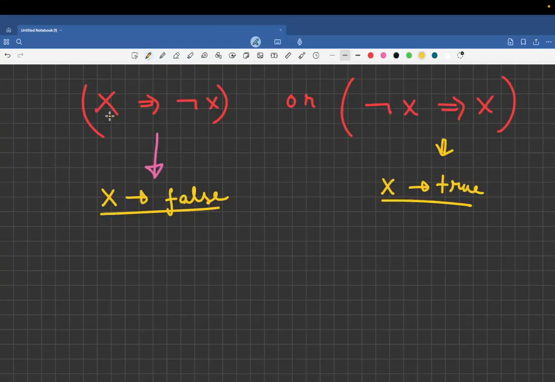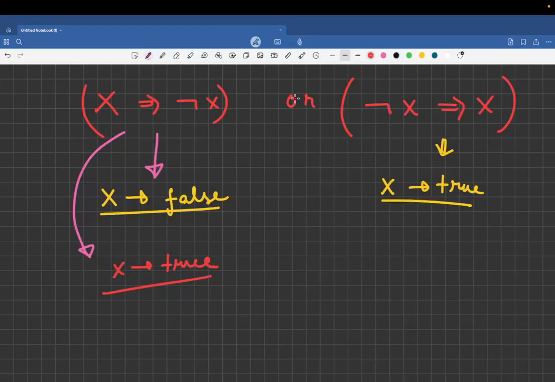Like in this case, if you would have assigned the variable x as true, then the contradiction would have arrived, right? Because the left hand side would have become true, so your right hand side should have been true. But for the right hand side to be true, this x should be false, but you have assigned x as true, so a contradiction would have been there, right? So you have to be very careful while assigning the values.